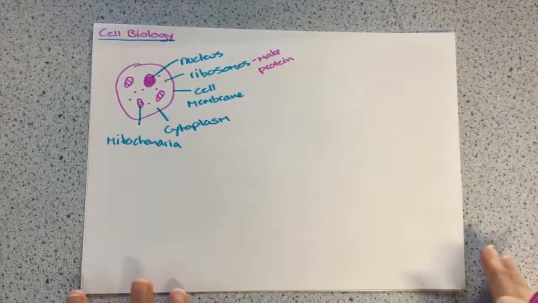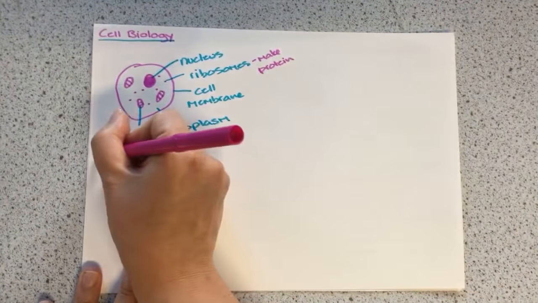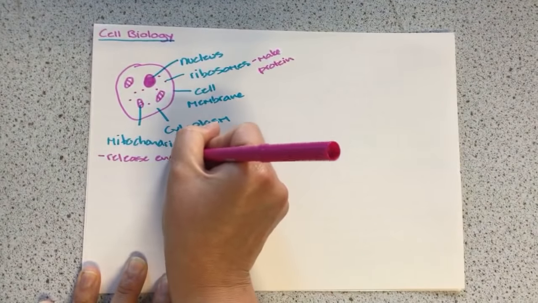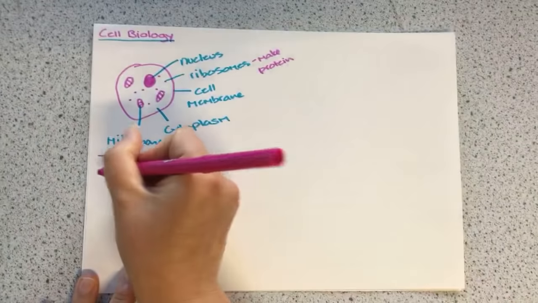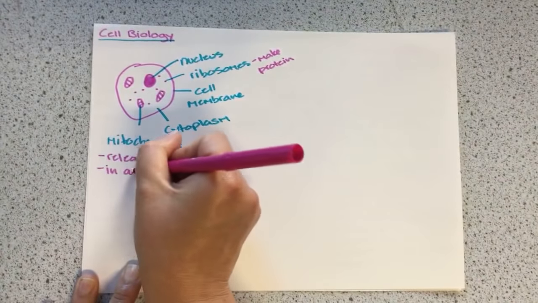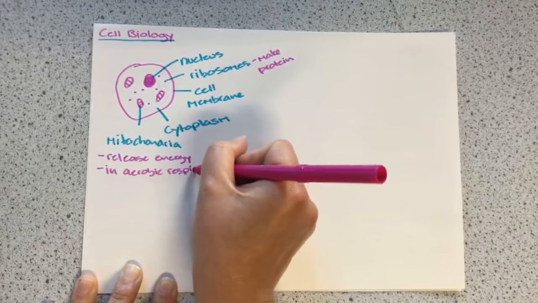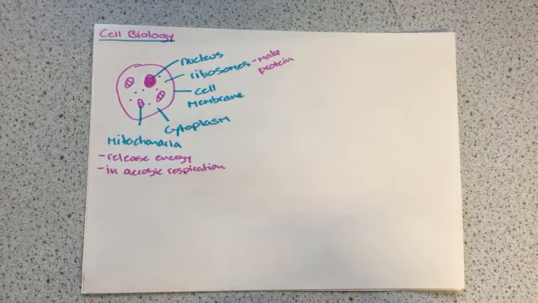Mitochondria, if you ask this one, this is a 2-mark definition. So mitochondria release energy. Never say produce, you can't create or produce energy, so it's release energy in aerobic respiration. So they're the functions that you would more than likely be asked about on a higher paper.